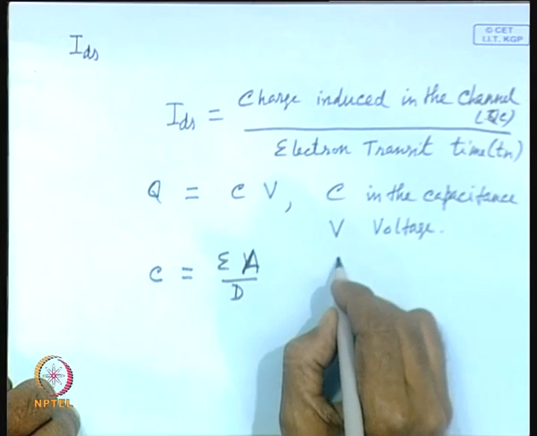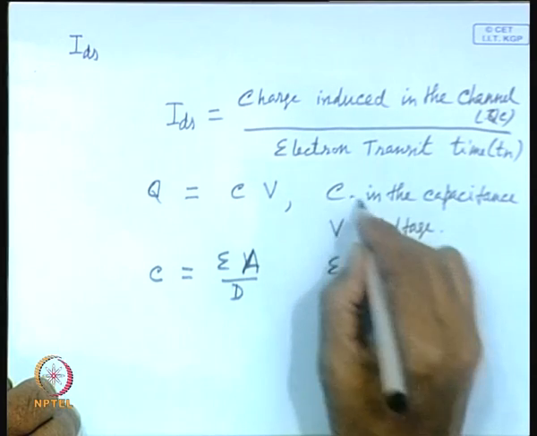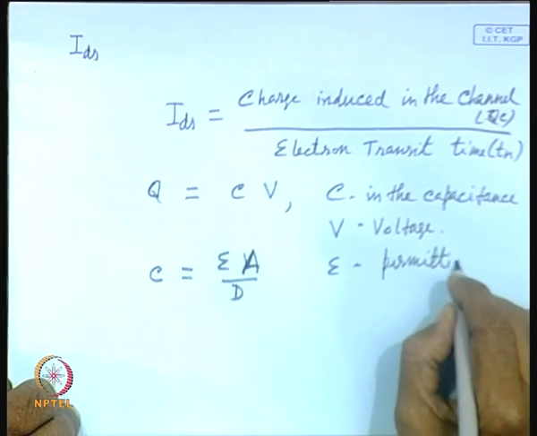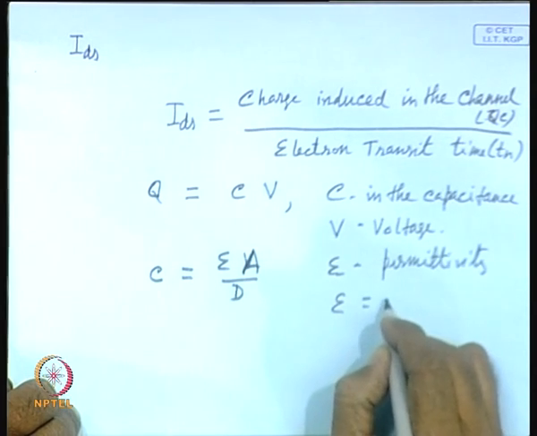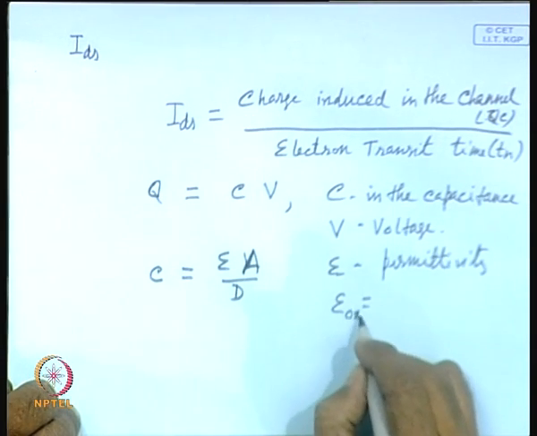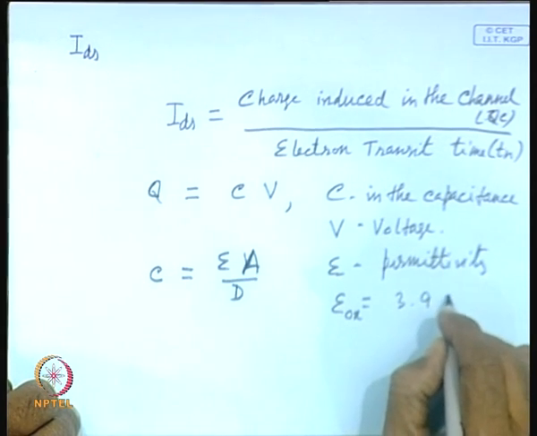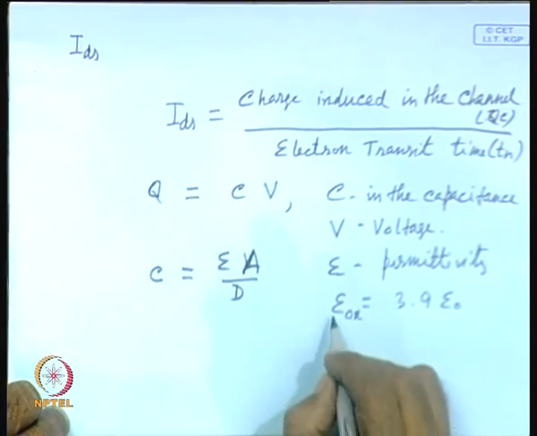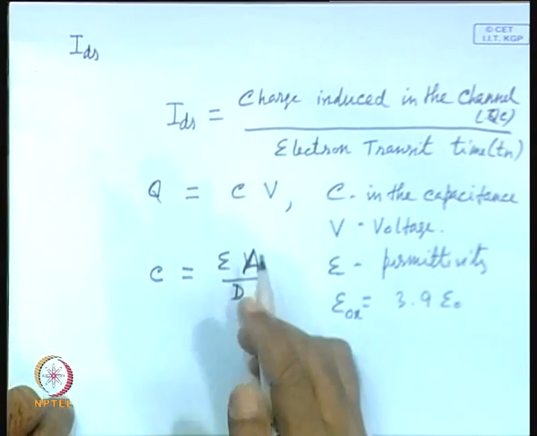Here epsilon is the permittivity of the insulator, and in this case we shall be using silicon dioxide. So, epsilon OX is approximately 3.9 epsilon 0, where epsilon 0 is the permittivity of free space, and this we shall use to find the expression for the current.